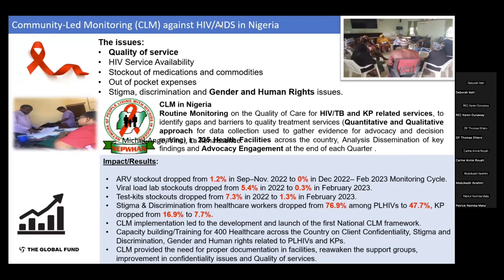On the quality of care for HIV, TB services and the key population-related services to identify gaps and barriers to quality treatment of services, using quantitative and qualitative approach for data collection used to gather evidence for advocacy and decisions making.